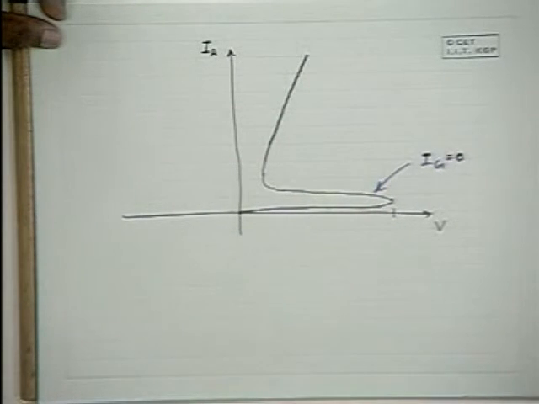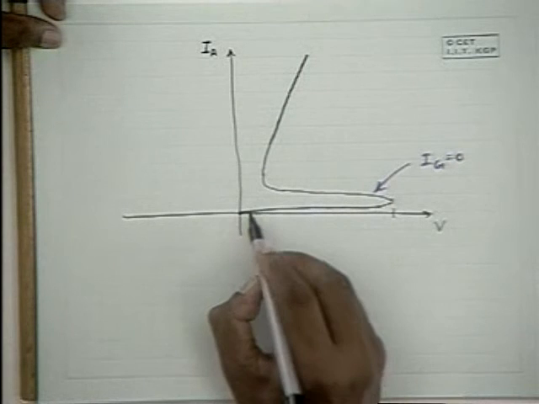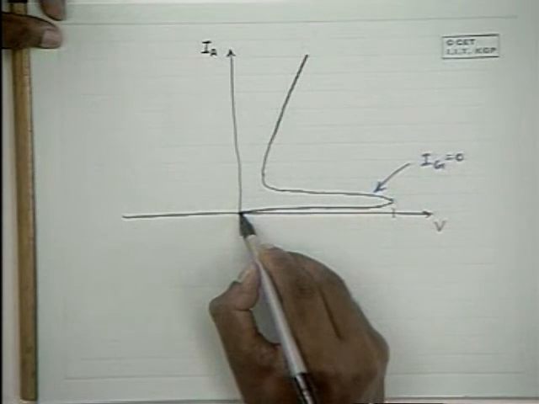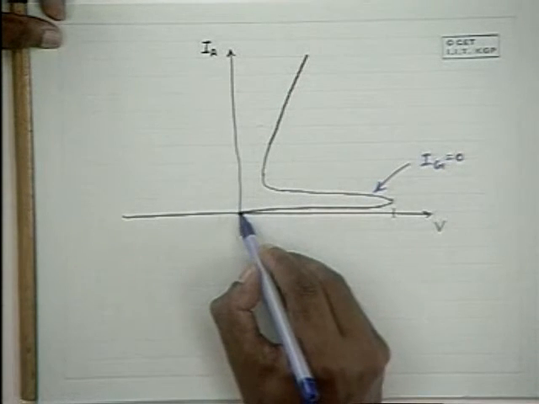Now if Ig is not 0, then with a small amount of positive potential, the characteristic is like this.